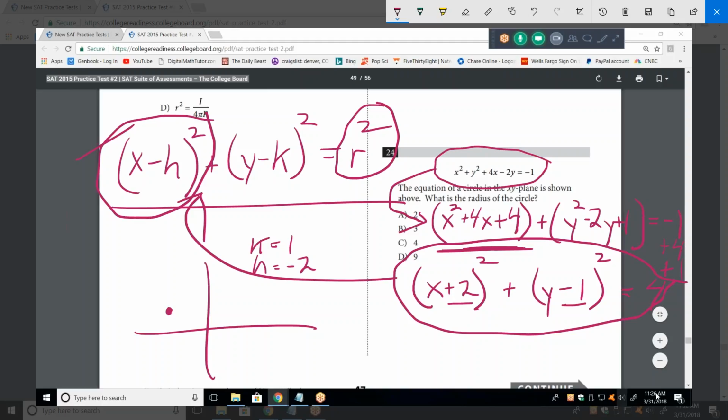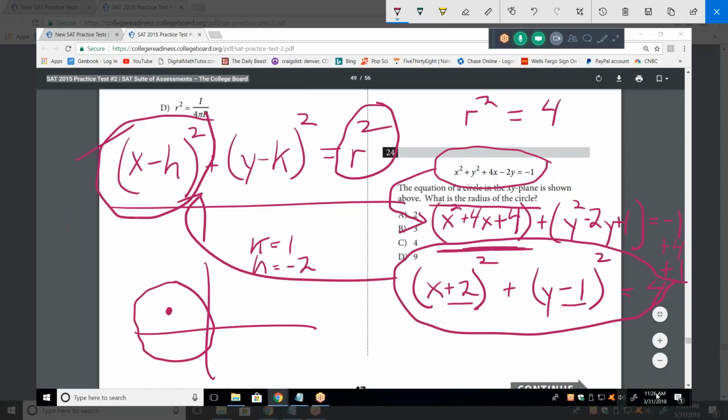What's r equal? The question says, what is the radius of the circle? The question doesn't say, what's the radius squared of the circle? Okay, 2. So you can see that, wow, there were a lot of things to know on this.